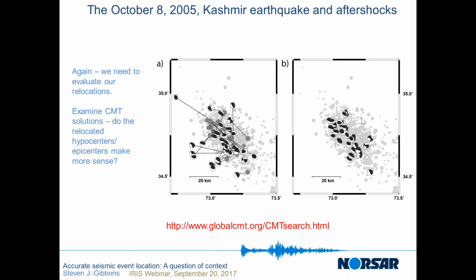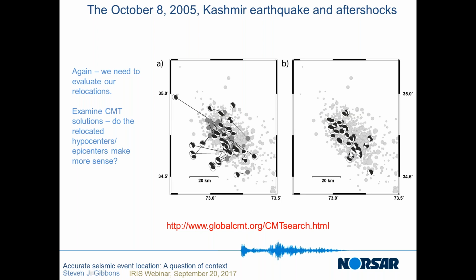And the same by finding global CMT solutions, so focal mechanisms, for those events for which they're available. You see what the relocation vectors look like. They're quite significant. And on the relocations, you see that events with similar focal mechanisms do seem to cluster very nicely.